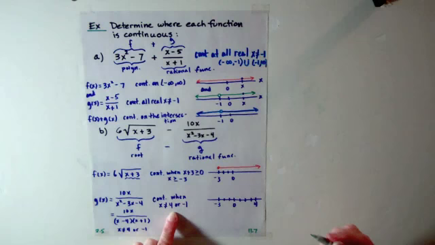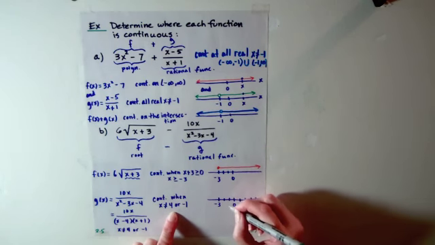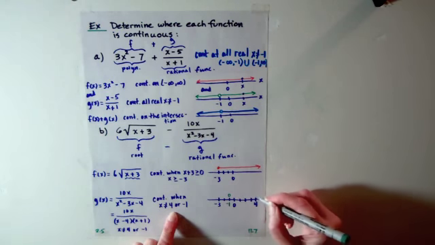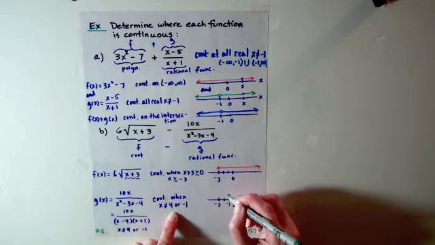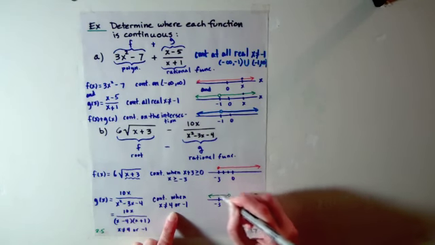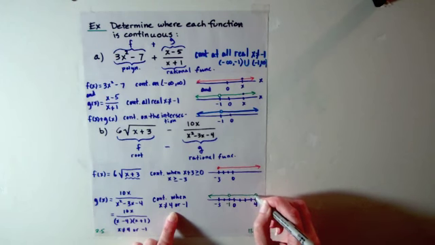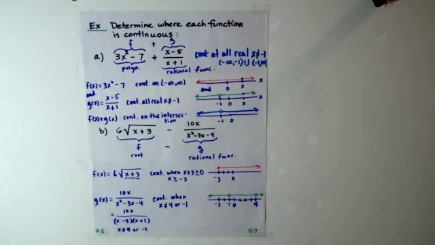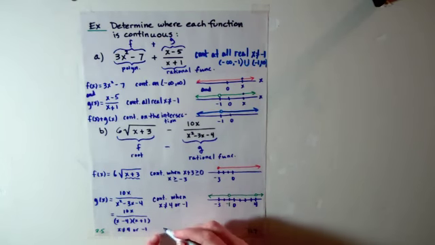It's continuous at every real number except for negative 1, which is right here, and 4. So I exclude those 2 points by putting holes in the graph, and g is continuous at all other real numbers x.